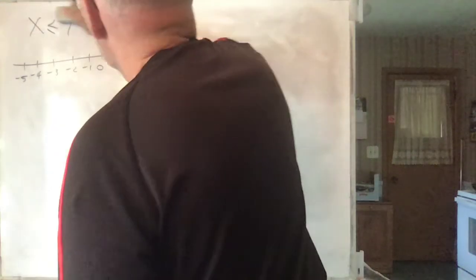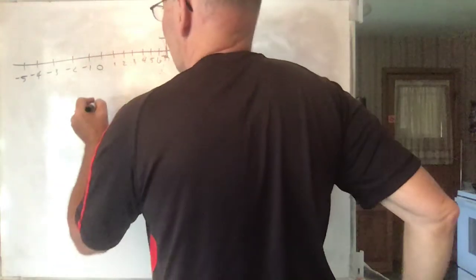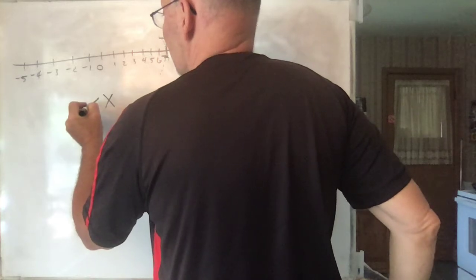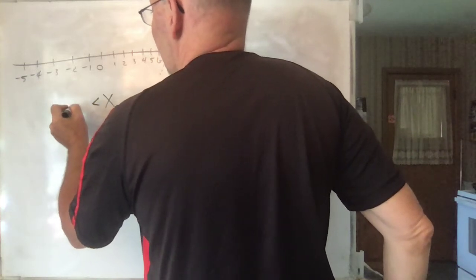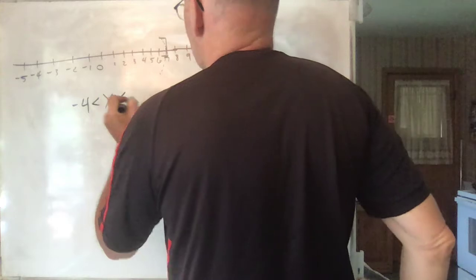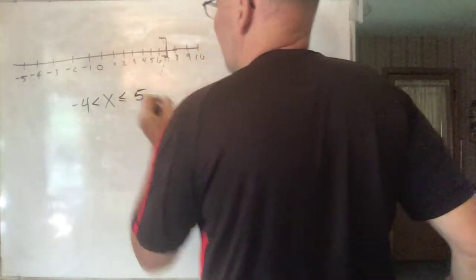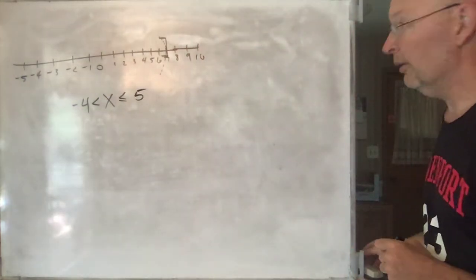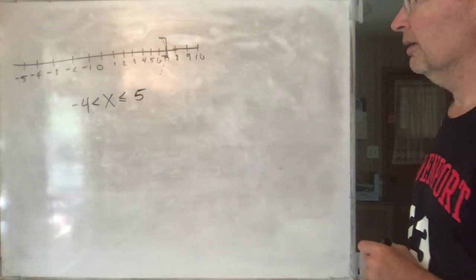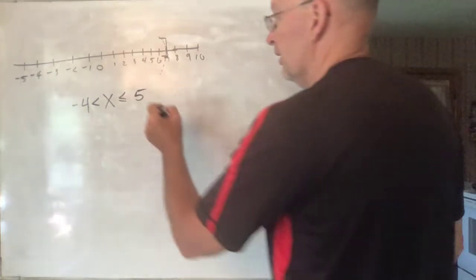Okay? So let's try something else. Let's say you have this: x is greater than negative 4 and less than or equal to 5. What does that inequality mean?